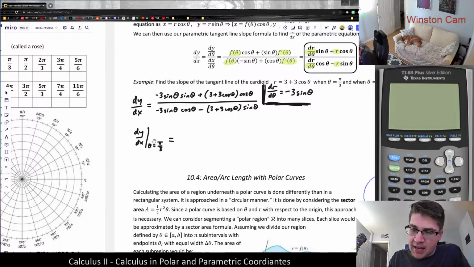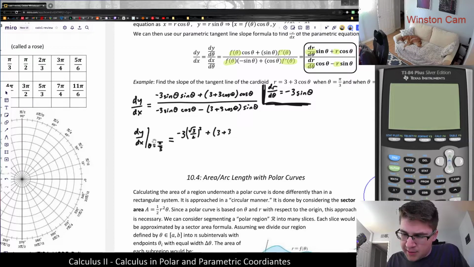But of course I could rewrite this as sine squared theta, but what I'd have is, well, sine is root 3 over 2 squared. And then I'm going to have plus 3 cosine theta. Oh, sorry.